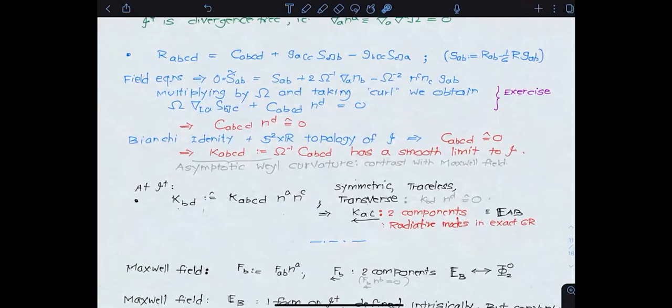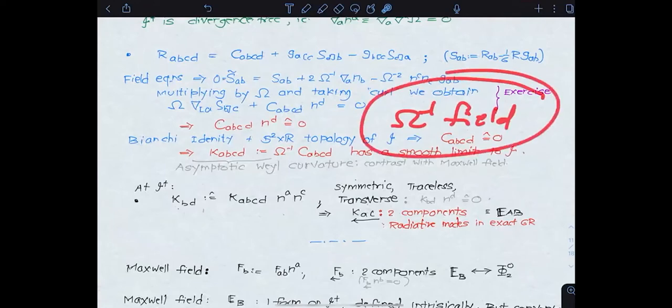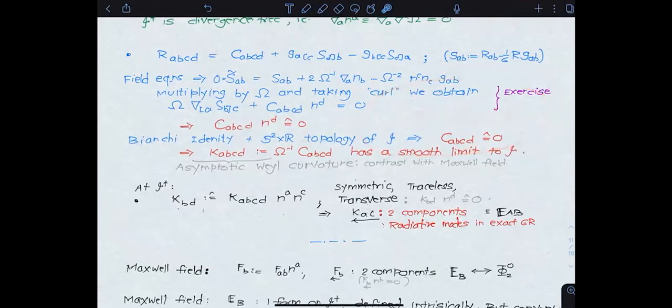Now, if in fact the Weyl tensor is 0, in our case the metric is smooth, and anytime a field is 0, it means that omega to the minus 1 times that field has a smooth limit. This is just L'Hopital's rule of calculus. So omega to the minus 1 times the Weyl tensor, which is called K_abcd, has a smooth limit to Scri. This is often called the asymptotic Weyl curvature.